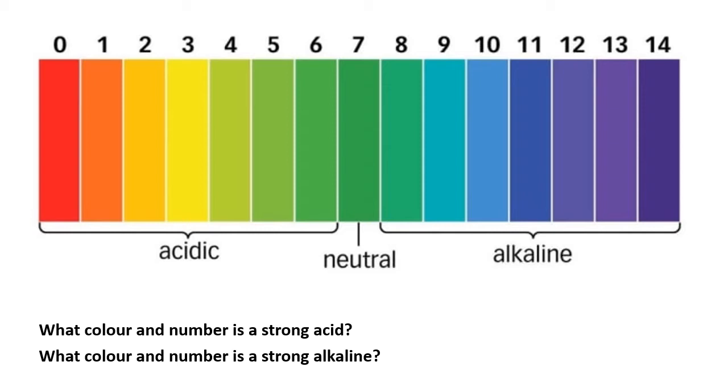Looking at this, a strong acid is right down near 0, which is around red and orange, 0 and 1. Acid goes from 0 to 6.9. What colour and number is a strong alkaline? A really strong alkaline is up by 14, a strong purpley colour. That goes from 7.1 to 14.